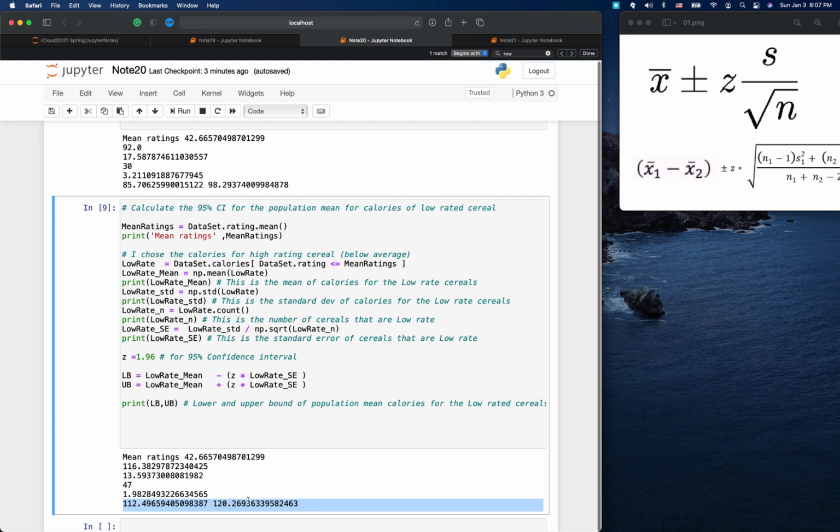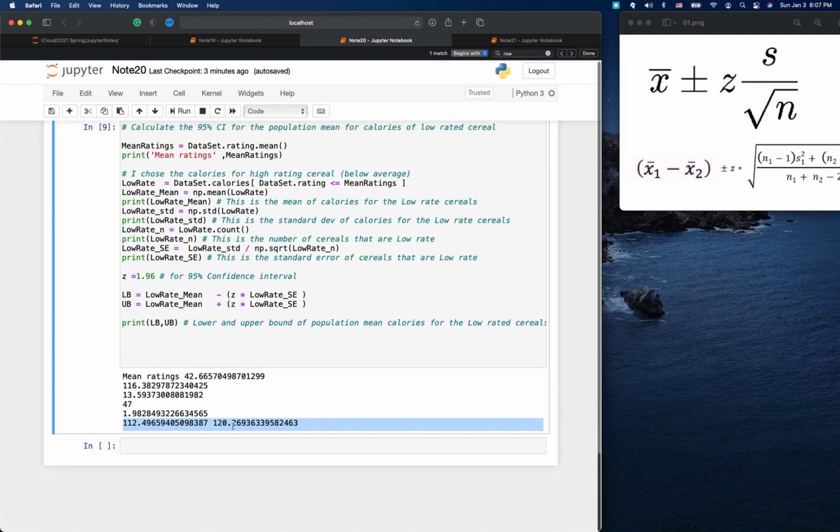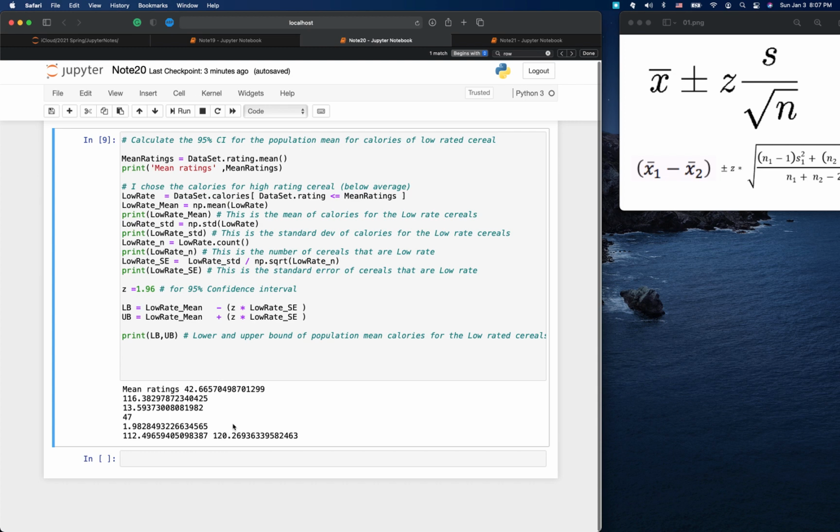So we are 95% confident that if we choose a low rated cereal in a market, the mean calorie for those low rated cereals will be between 112 to 120.